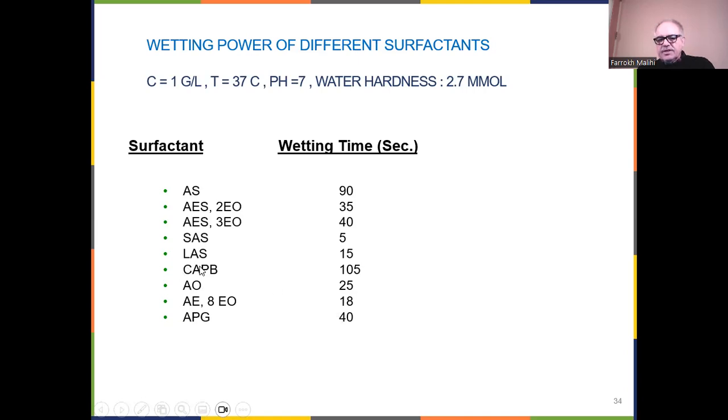And as you see here, anionic surfactants like linear alkyl benzene sulfonate have a wetting time of 15, alcohol ethoxylate about 25, about 18, amine oxide 25. So we can basically look at the effect of different surfactants on wetting, an important factor in detergency.